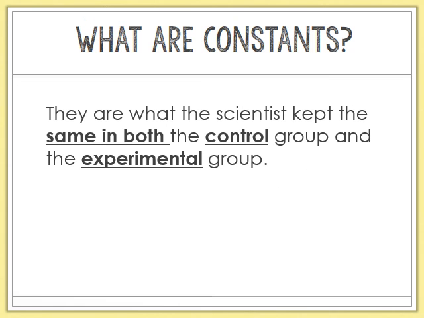Okay, so then you have constants. These are the things that the scientist is going to keep the same in both the control group and in the experimental group. So thinking back to my really bad scenario with me and my daughter, the things that I kept the same is that she had her same blanket, her same pacifier, her same bedtime, same sheets.